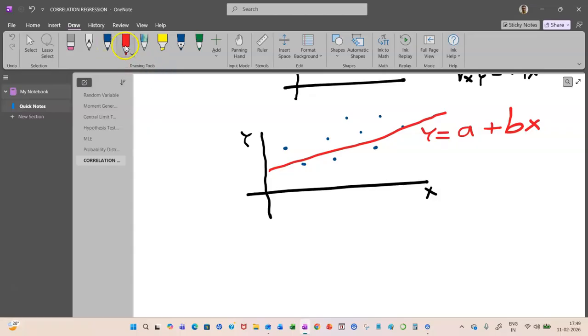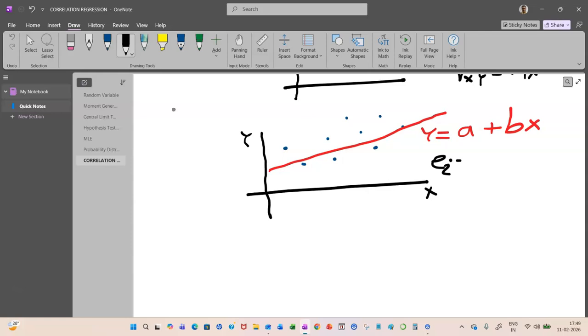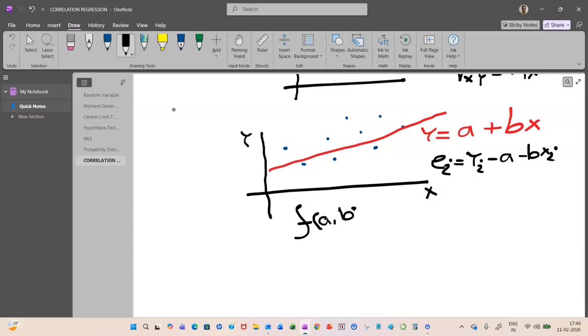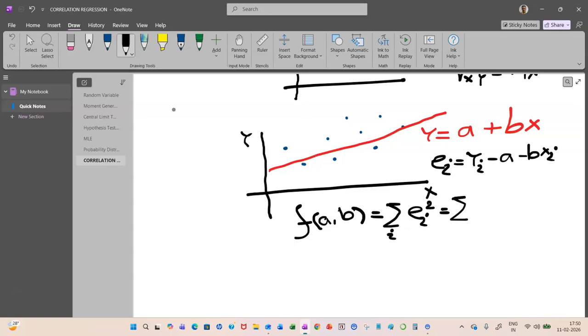The idea is to consider the errors. The ith error, ei, is given by yi minus a minus bxi, and we look at the function f of a, b as the summation of ei square, the sum of the squares of the errors, which is the sum over i of yi minus a minus bxi whole square.